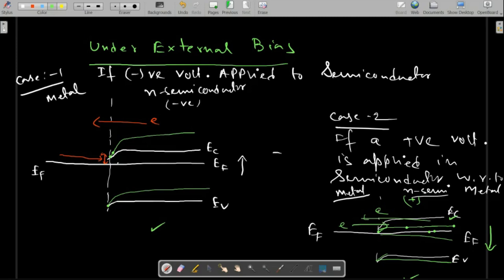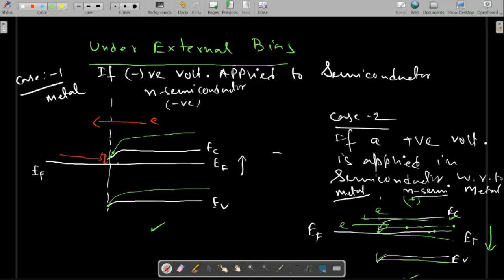That means there should be a mechanical bonding between the two materials. Otherwise, you cannot deposit the metal over the semiconductor. Technically it is called solid solubility, whether it is soluble in that semiconductor or not.